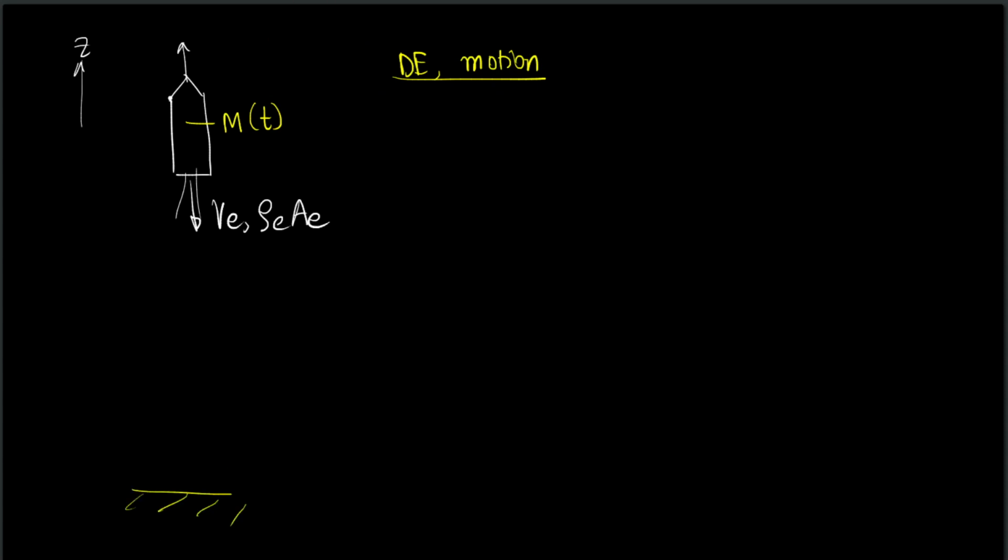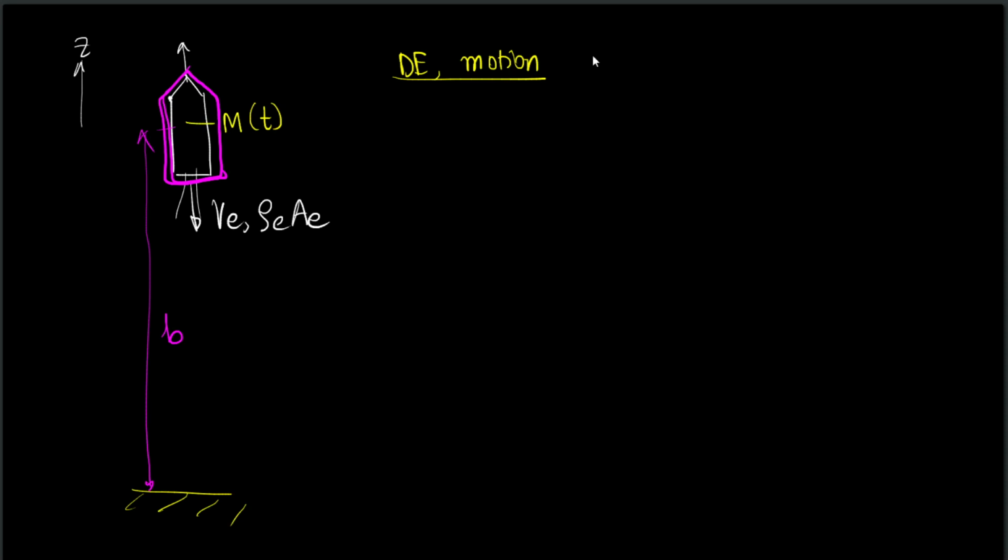So we will consider this to be a control volume, and the control volume now has a uniform velocity, say b, in the z direction. So the control volume has now a velocity, but the control volume is not deforming.